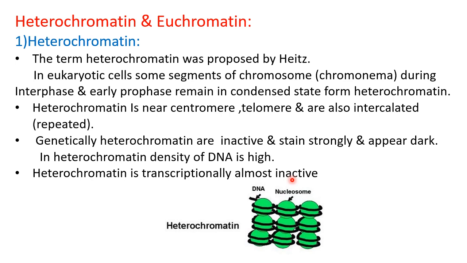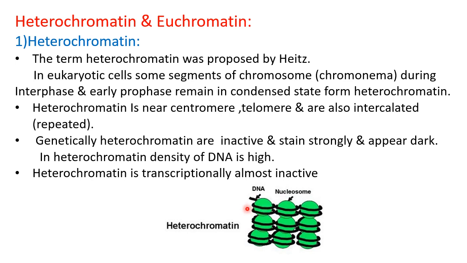Now, transcription is a process in which DNA produces RNA. So, generally, heterochromatin is transcriptionally almost inactive. That means it does not carry out the process of transcription in which RNA is produced on one of the DNA strands. Now, here we see the structure of heterochromatin. Now, we see the DNA.